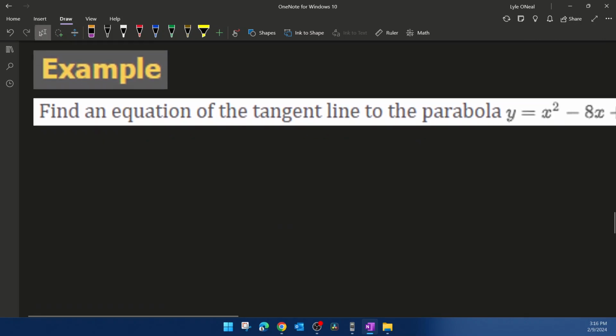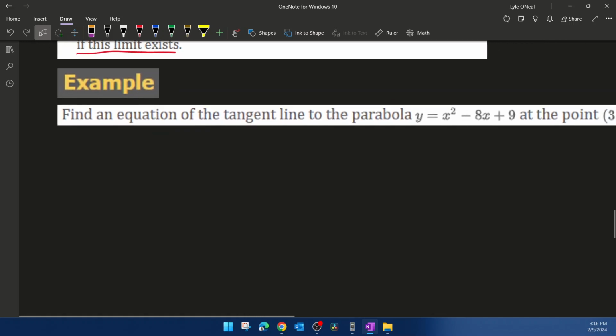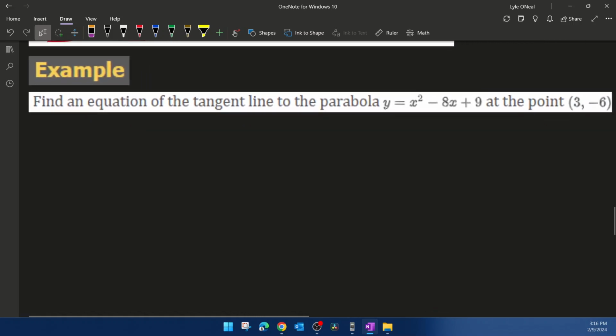All right, let's look at an application of finding the derivative of a function. Here we have an example. It says, find an equation of the tangent line to the parabola y equals x squared minus 8x plus 9 at the point (3, -6). If we want the equation of a tangent line, doesn't that mean we need to find the slope of the tangent?